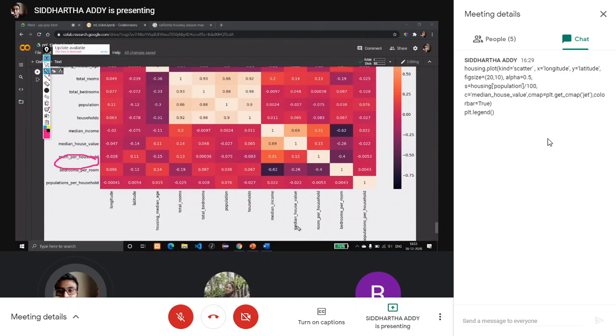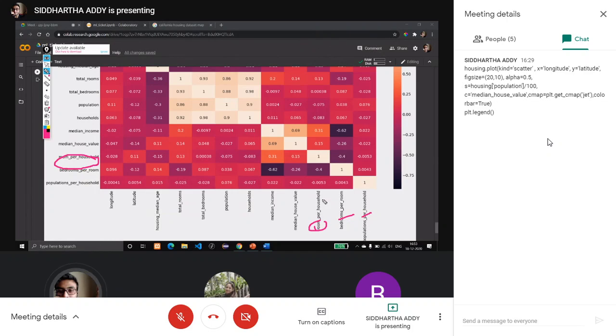We have seen everything, but now we want to concern ourselves with room per households, this thing, this thing, and this thing.